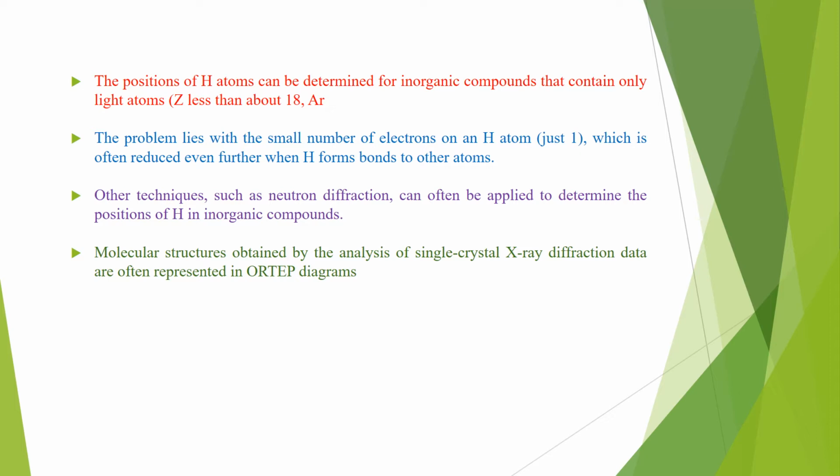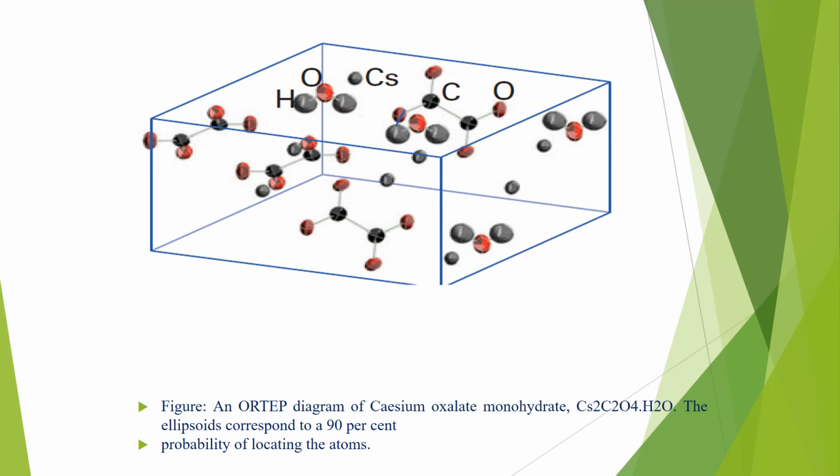Molecular structures obtained by the analysis of single crystal X-ray diffraction data are often represented in an ORTEP diagram. ORTEP stands for Oak Ridge Thermal Ellipsoid Program. So this is the figure representing the ORTEP diagram of cesium oxalate monohydrate crystal, Cs2C2O4 with a water molecule.